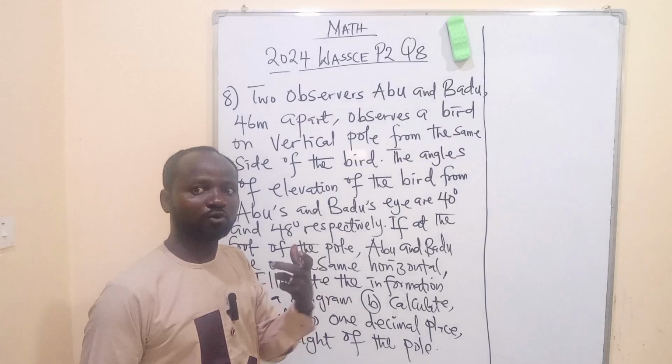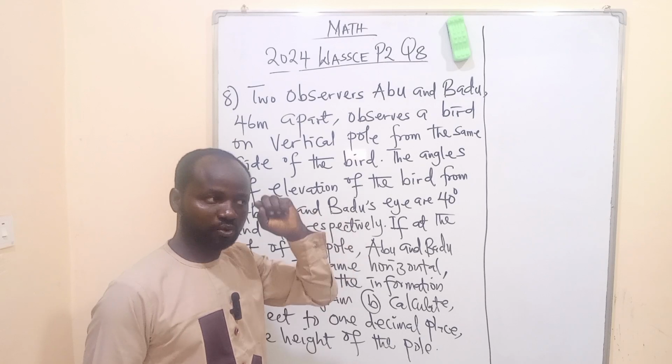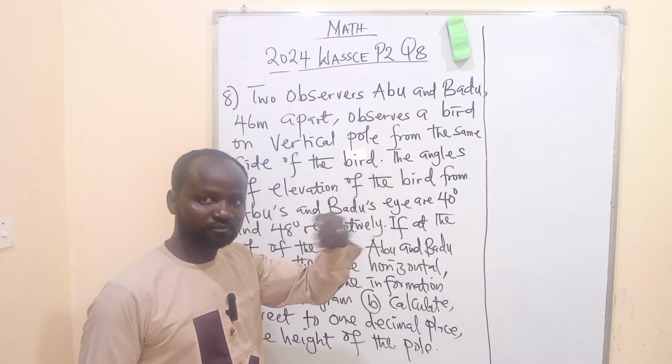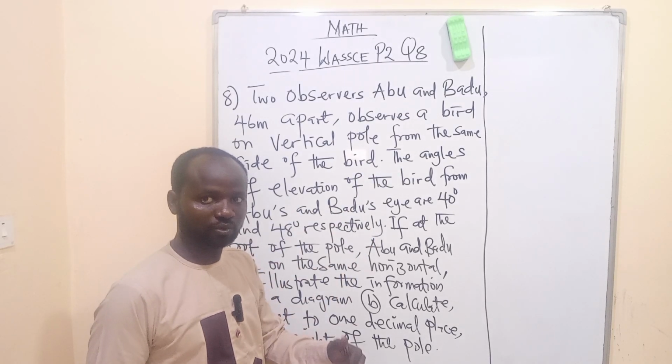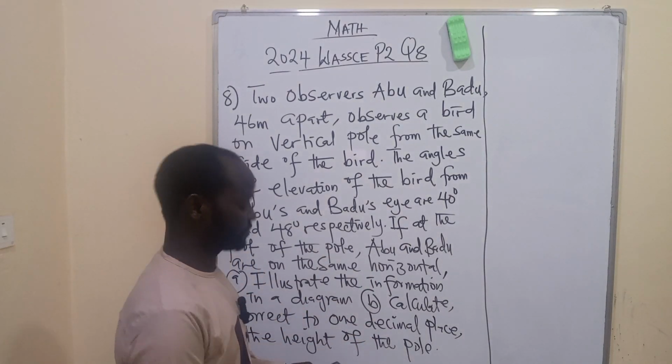If you want to look at an object on the ground, you have to depress your head, and the angle formed between the horizontal eye level and the object on the ground is what we call angle of depression. So let's look at how we can interpret this question.